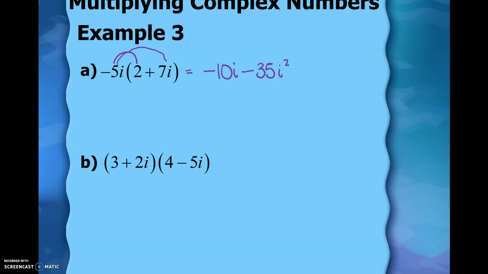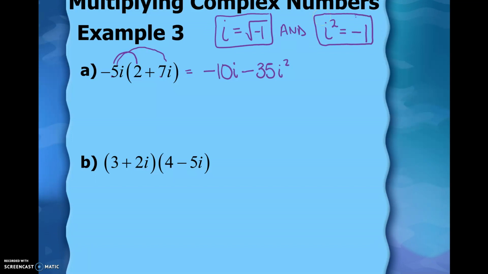Okay, what did we talk about at the beginning of this lesson with i squared? i is the square root of -1. That's one thing that you need to memorize. The other thing that you need to memorize is that i squared is -1. These are two important pieces of information that you need to get committed to your memory.